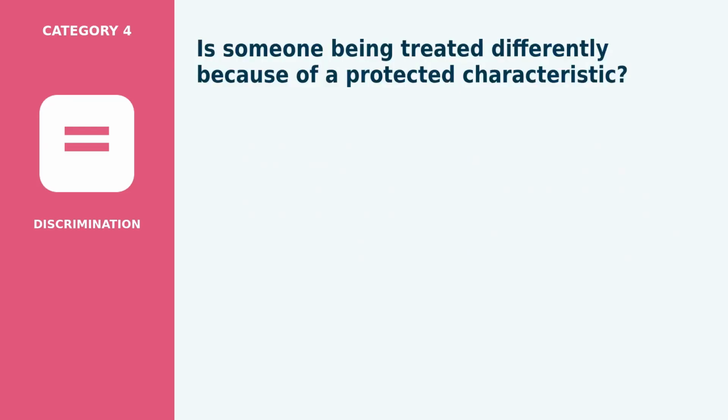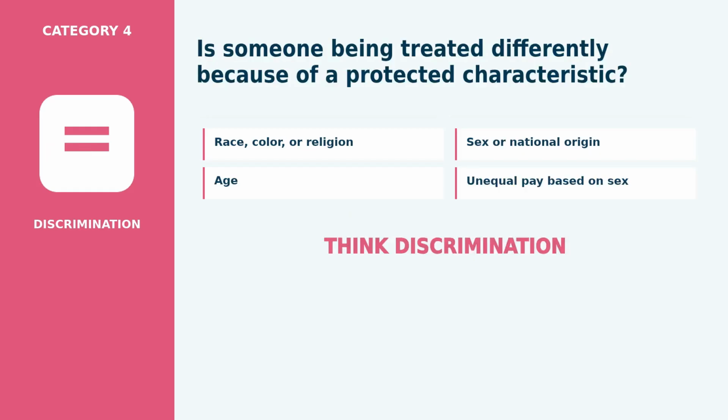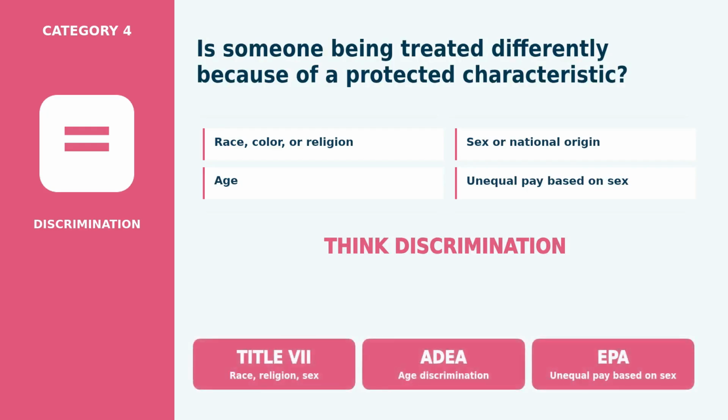Category 4. Discrimination. Is someone being treated differently because of a protected characteristic, such as race, color, religion, sex, or national origin? Think Title VII. If the issue specifically involves age discrimination, think ADEA. If it involves unequal pay based on sex, think Equal Pay Act. Category 5. Workplace safety.